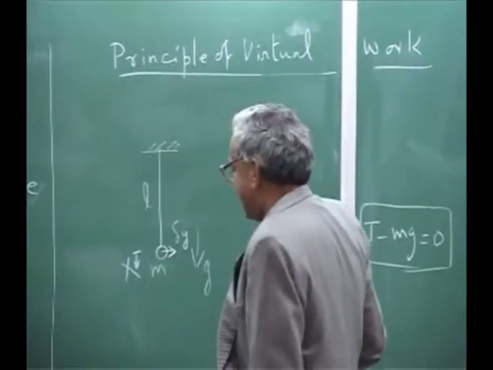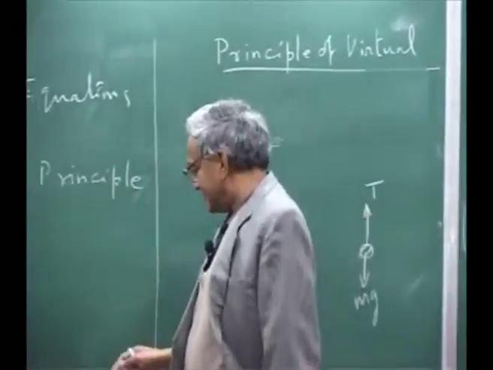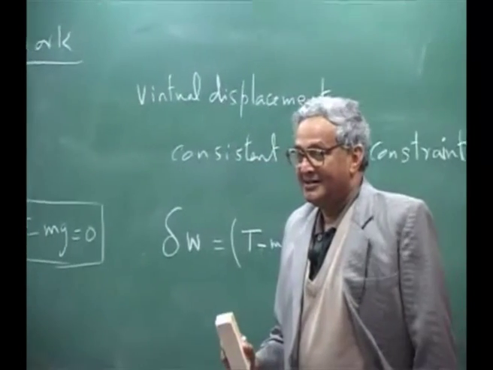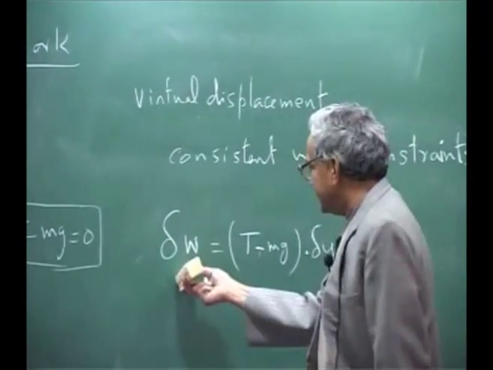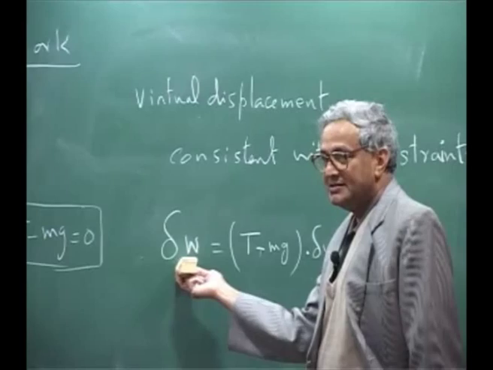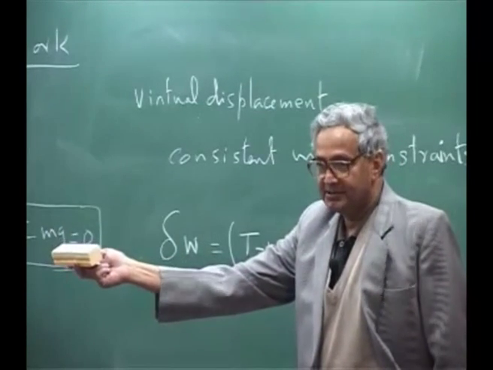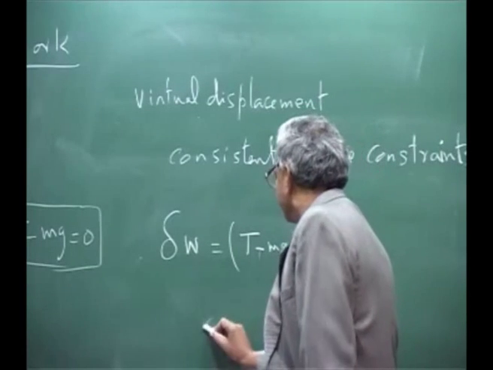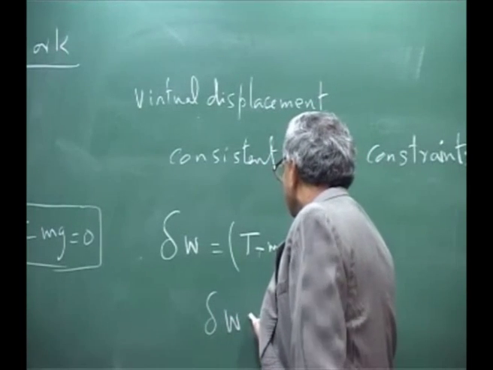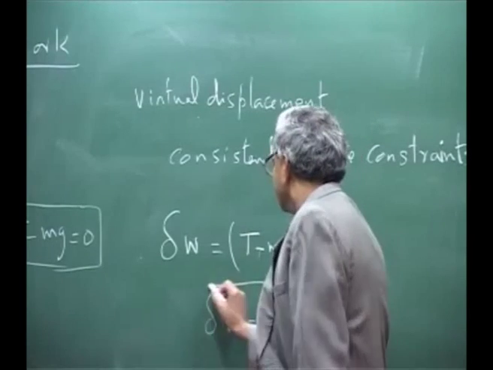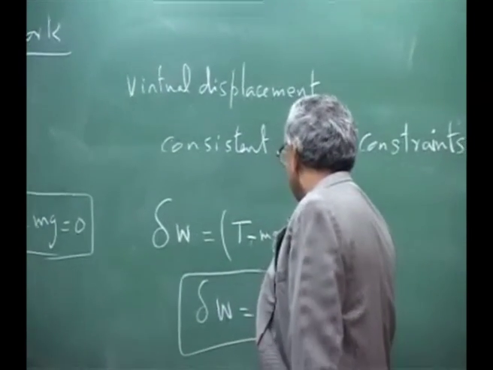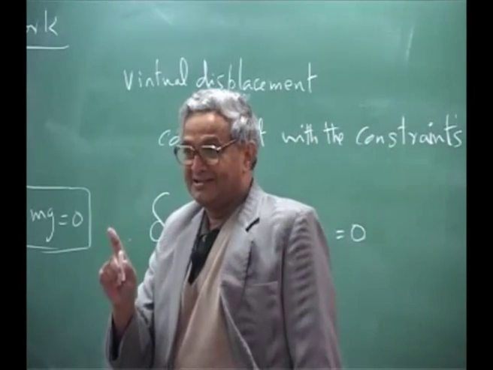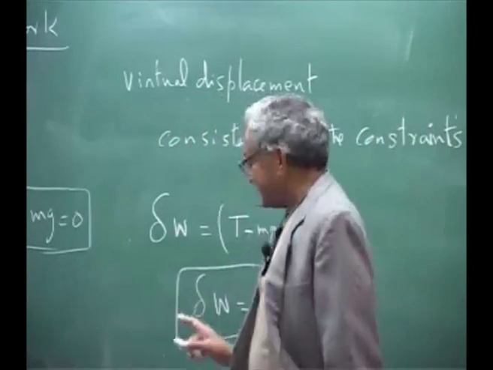Okay. Now we take a slightly different case. So the principle of virtual work is basically this: for static equilibrium of a rigid body, delta W, the virtual work of all the forces that act on the system, is zero.